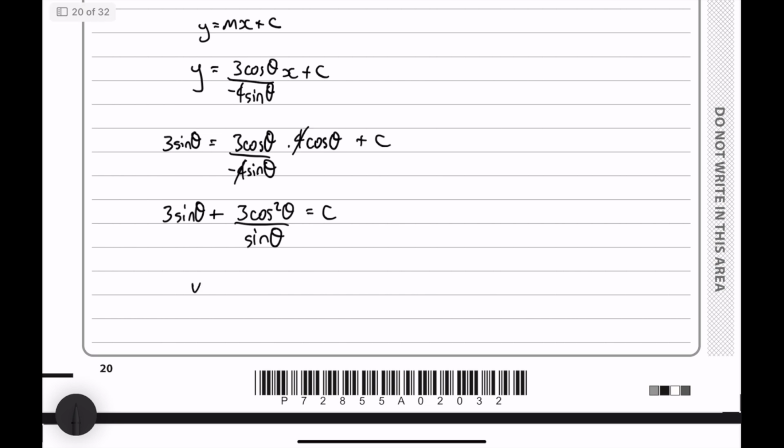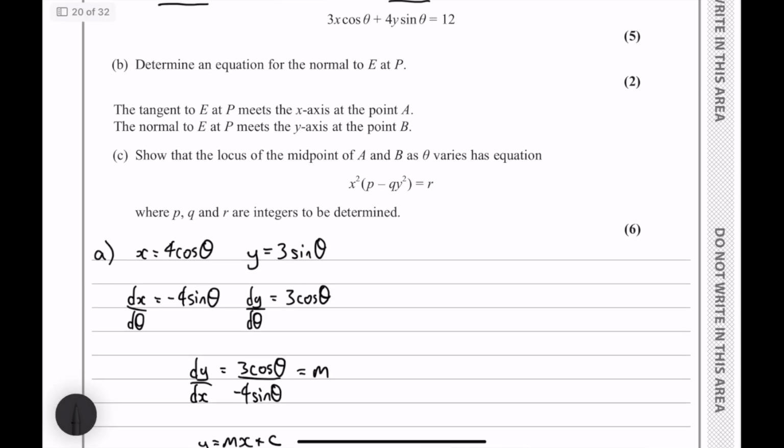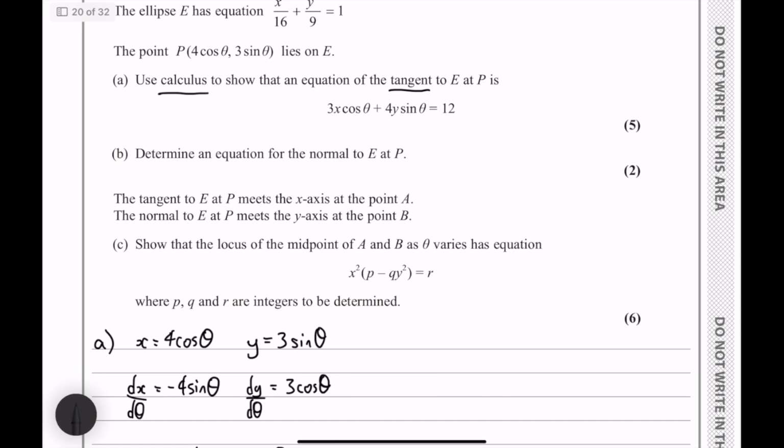Now we put that back into our y equation. 3 cos theta x over minus 4 sine theta plus c, 3 sine theta plus 3 cos squared theta over sine theta, and usually this will all simplify quite nicely, which it will because we're trying to find that equation there. Multiply everything by minus 4 sine theta.